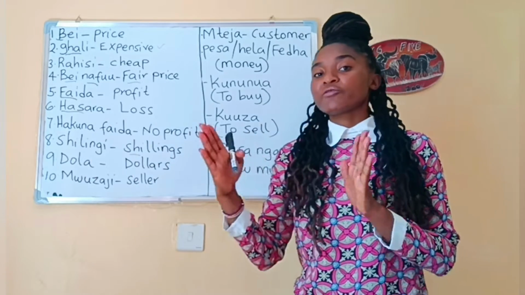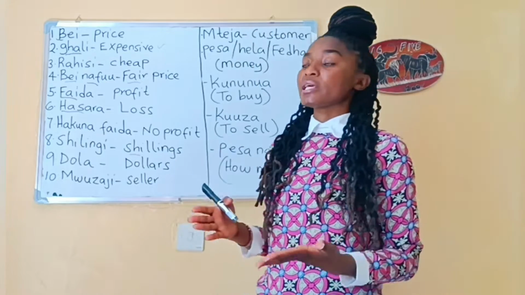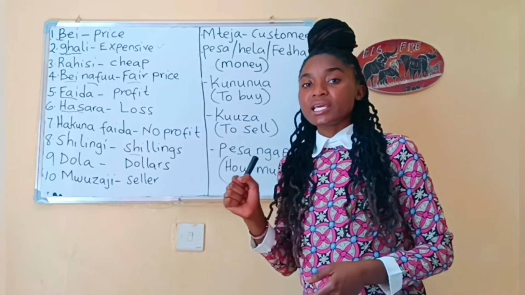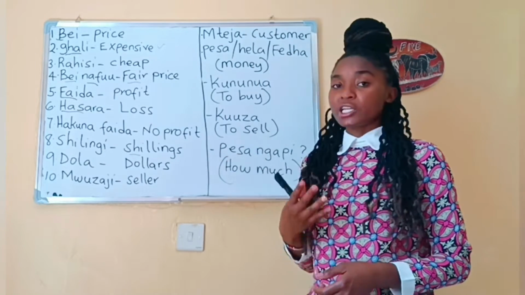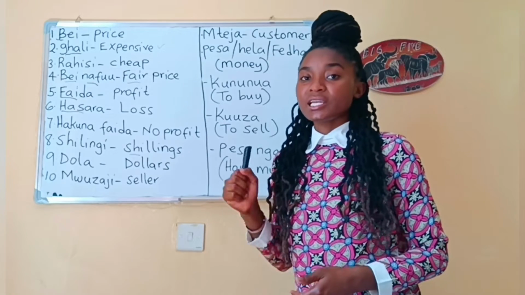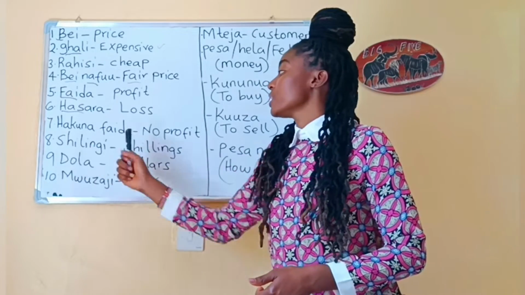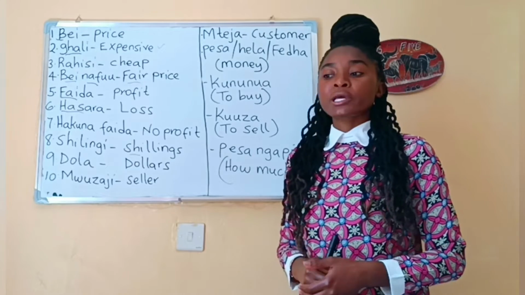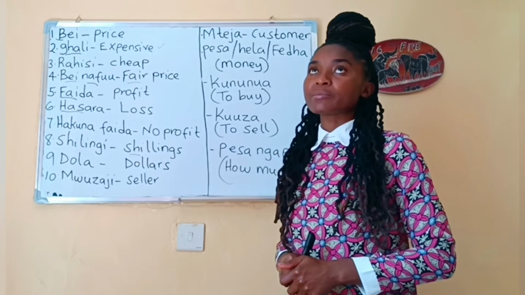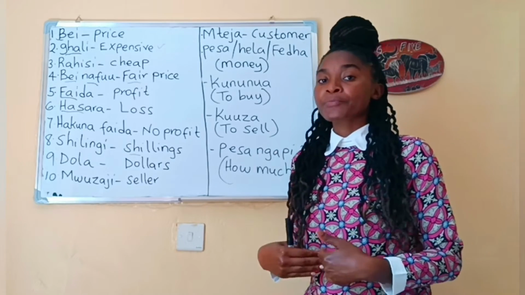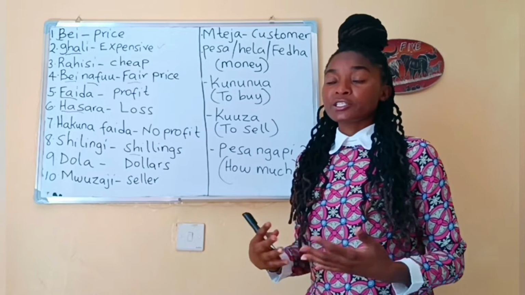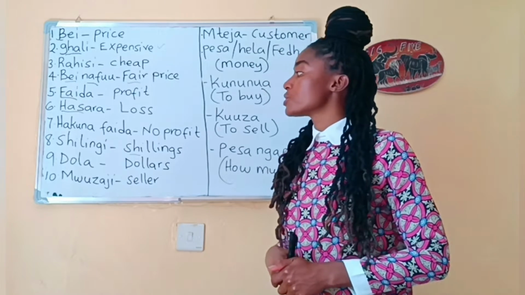You see, it's not very far from English, just that the spelling is different. If you're talking about money, shillings, sometimes in Kenya we use this term for the native speakers.